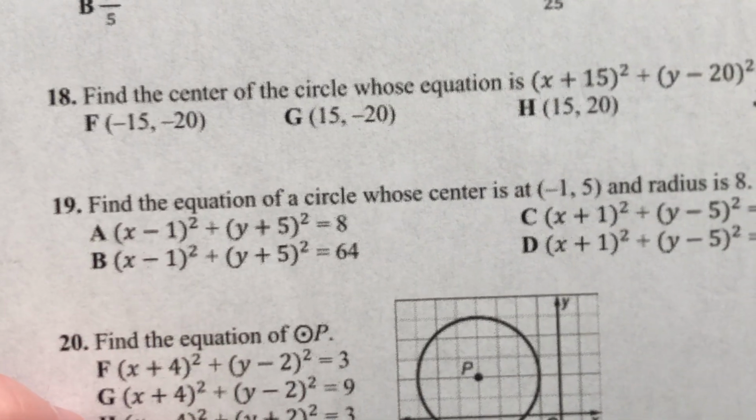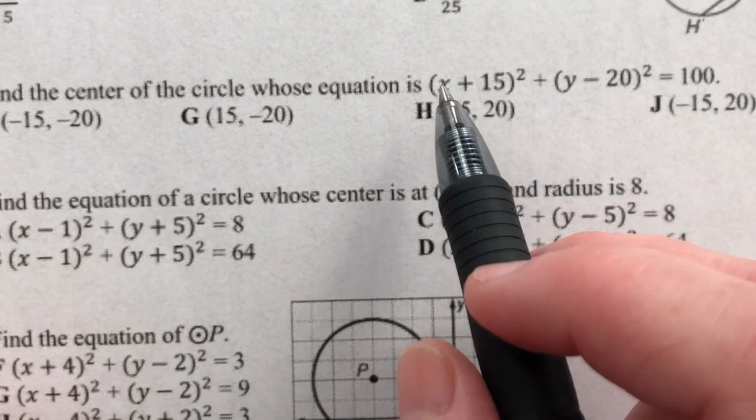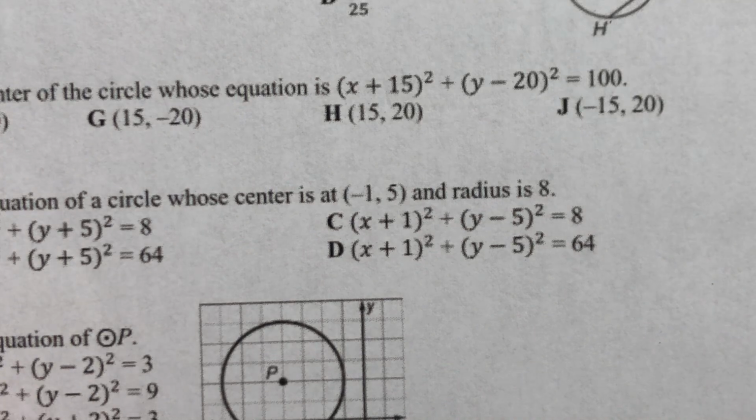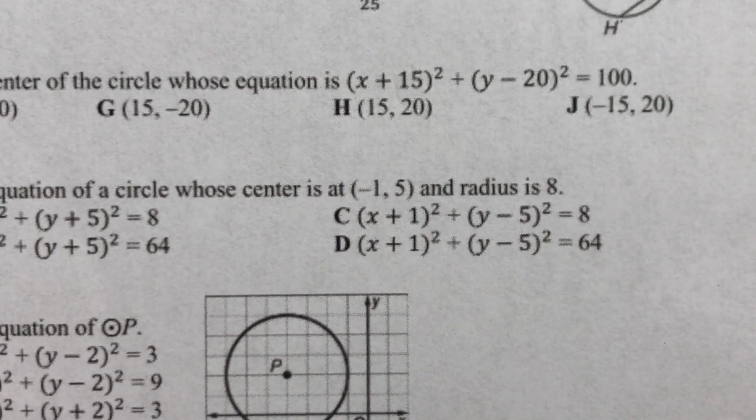Find the center of the circle whose equation is x plus 15 squared plus y minus 20 squared equals 100. So remember, for the equation of a circle, that's lesson 108, if you haven't watched it yet, please go back and watch it. It's important.